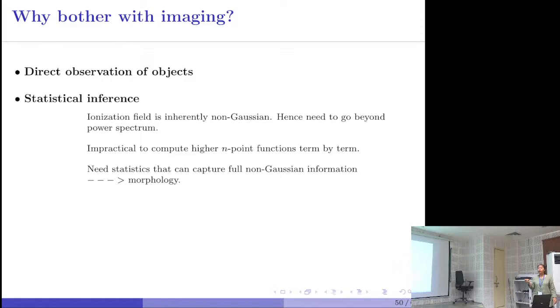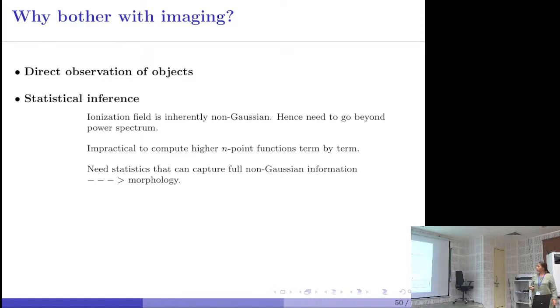However, it becomes very hard as you go to higher n-point functions. Computationally, it becomes very difficult, so it is useful to think of an alternative, and that is the morphology statistics that I am going to talk about.